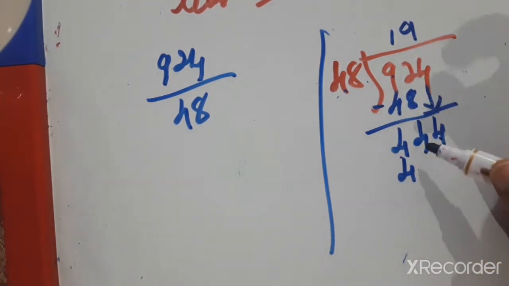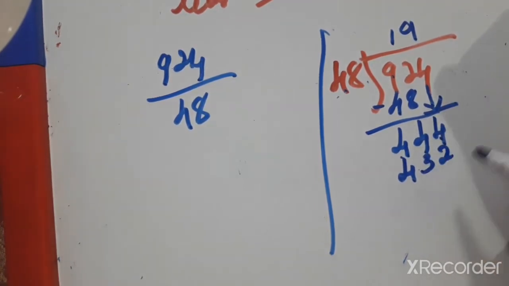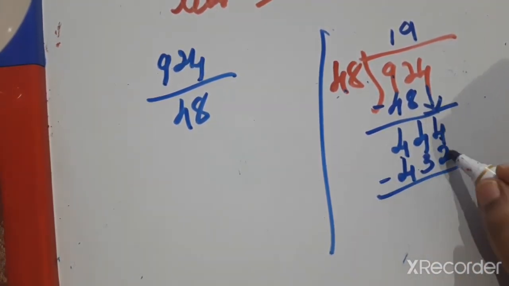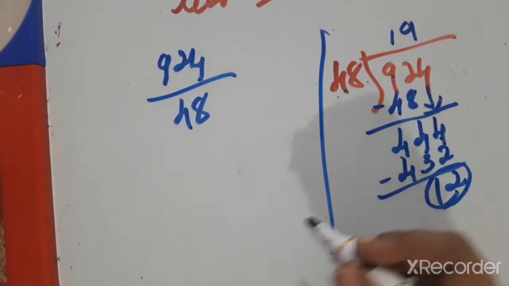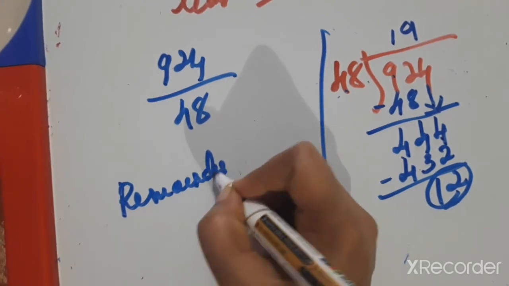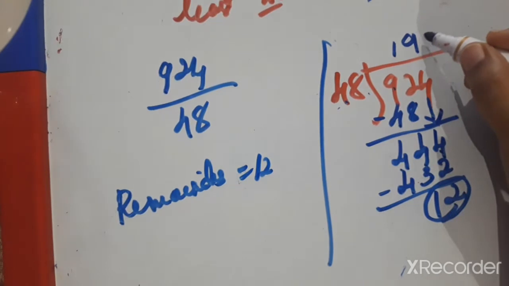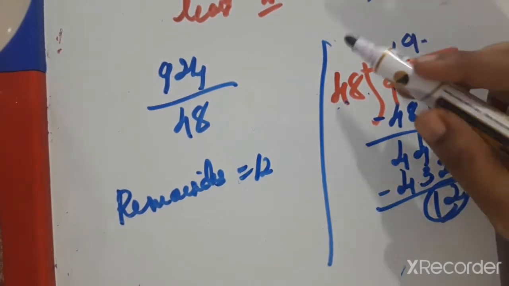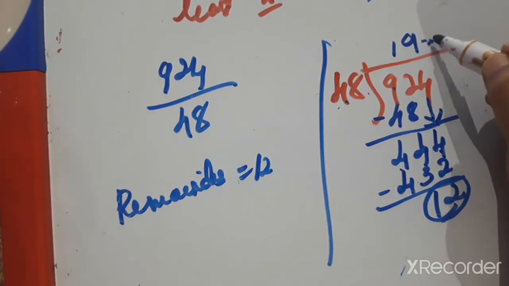After multiplying, 48 nines are 432. Now subtract: 4 minus 2 is 2, 4 minus 3 is 1, so 12 is the remainder. The quotient is 19.